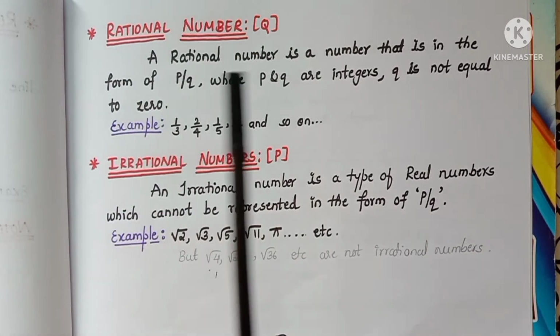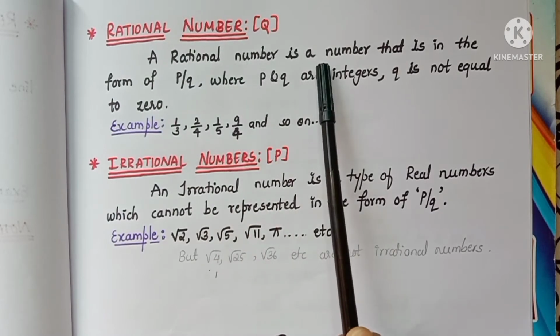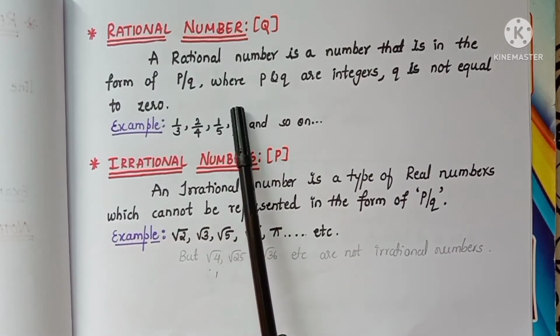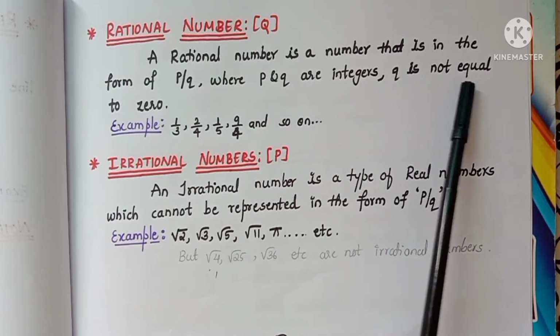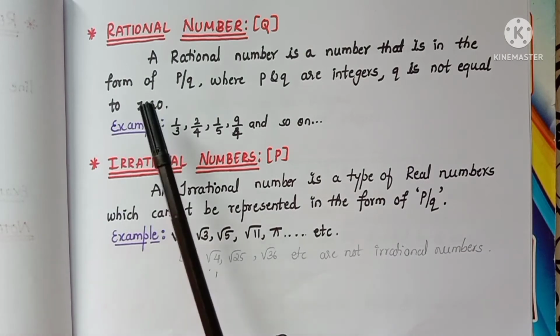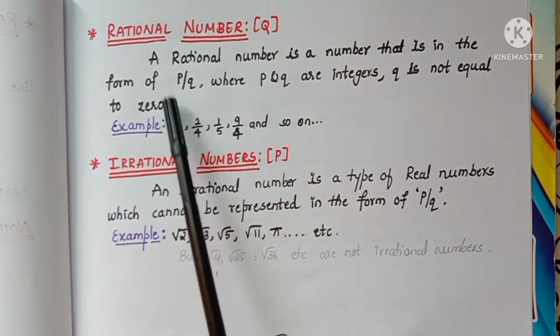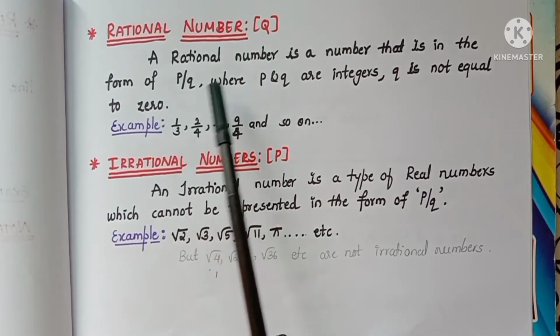Rational number is denoted by capital letter Q. A rational number is a number that is in the form of P by Q, where P and Q are integers and Q is not equal to 0. What are rational numbers? A number that can be represented in the form of P divided by Q. Here P and Q are what?